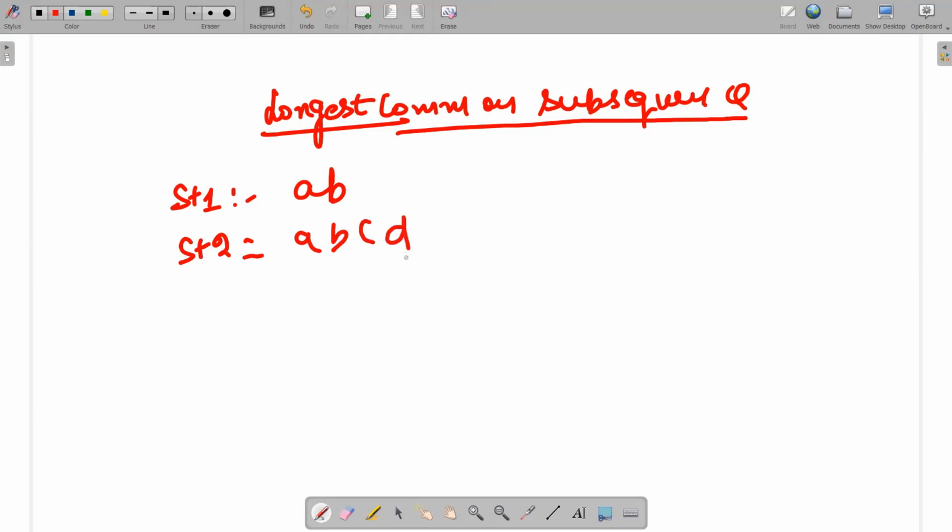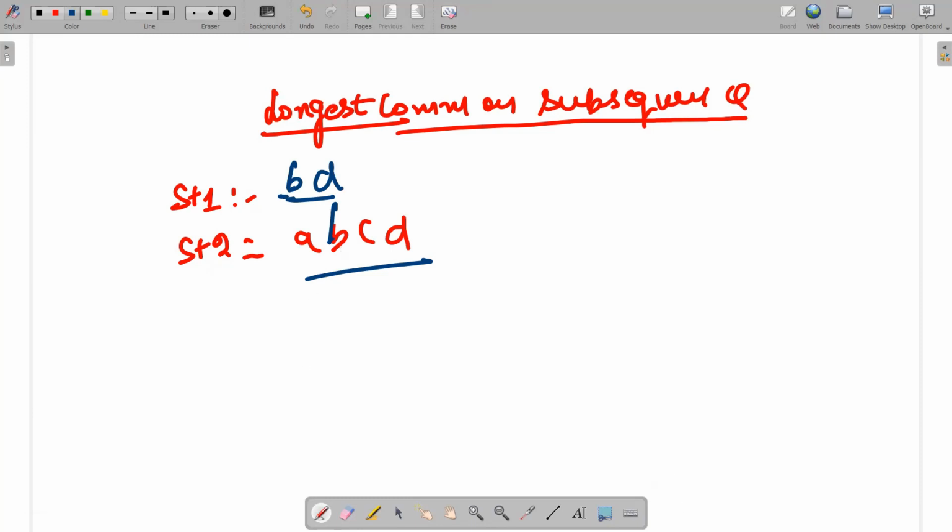Now, in this particular context, what we have to do is find the longest common subsequence among them. Let's just take the first string as BD. If I want to check the presence of BD in ABCD, yes, it is definitely present, but not together. It may appear in the text, but it's not coming together.